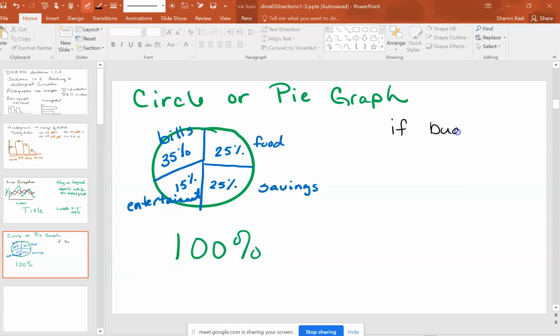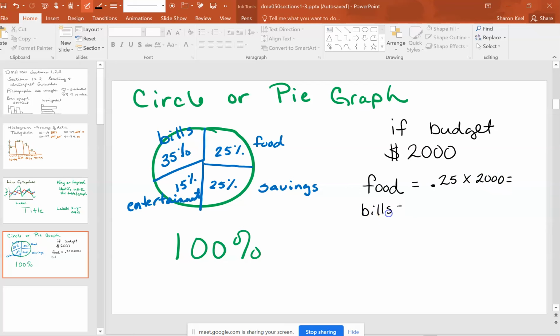If your budget, if the 100% represented $2,000, the amount of money that you had, and I want to know what amount is spent on food, you would multiply the decimal part, the 25%, times the 2,000 to get how much is spent on food.